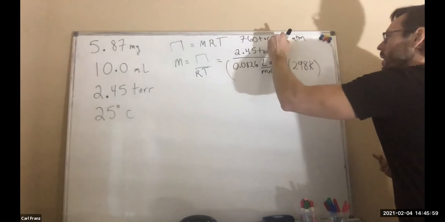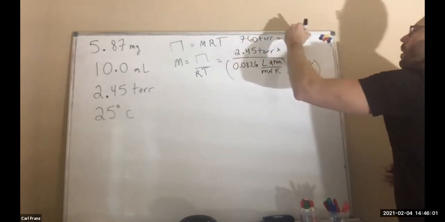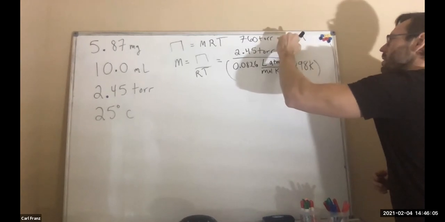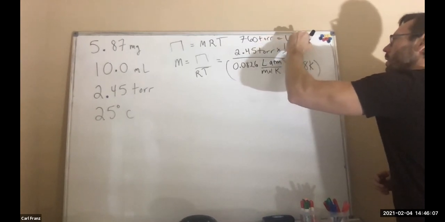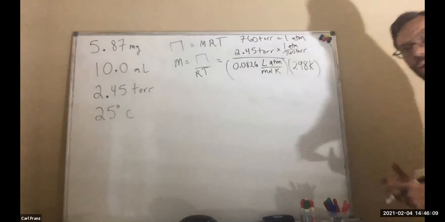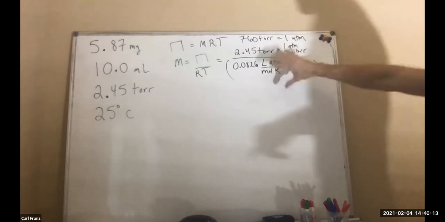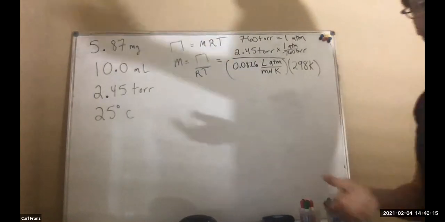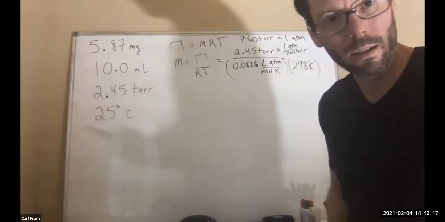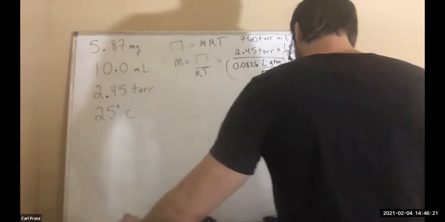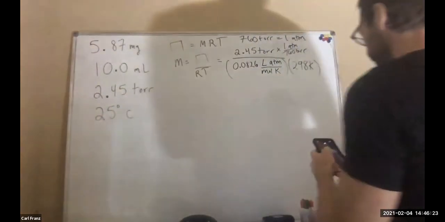So up here, we can just do 1 atmosphere over 760 torr. That'll cancel out the torr and give our units of atmosphere up here so that everything is copacetic, okay? Let's crunch that and see what we get.